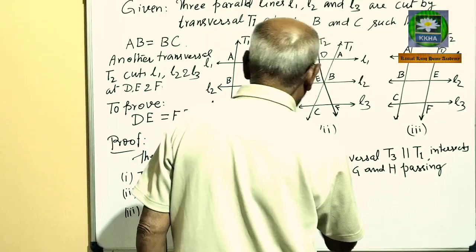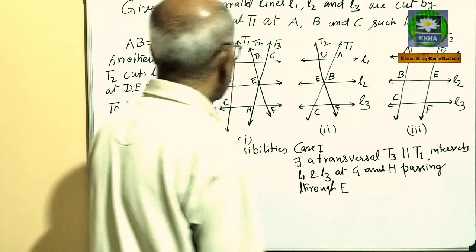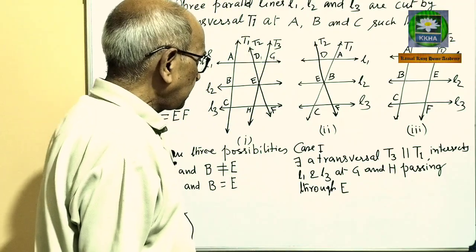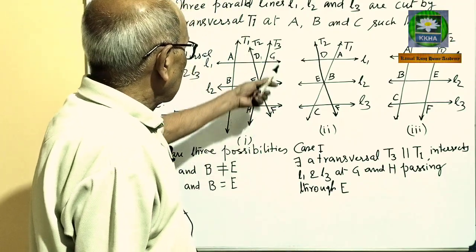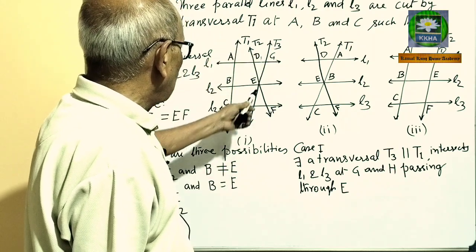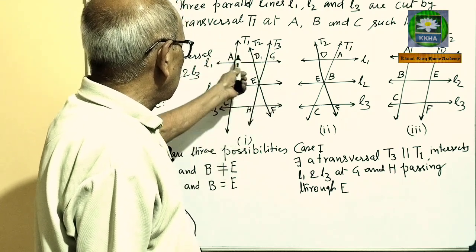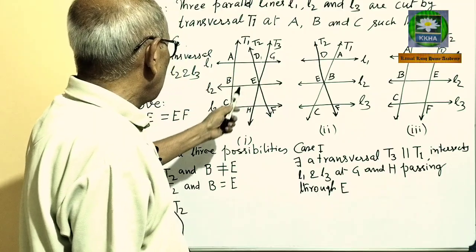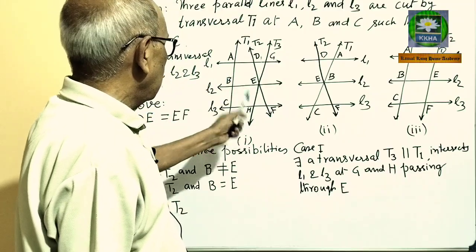Draw transversal T3 parallel to T1 through E, intersecting L1 and L3 at G and H.